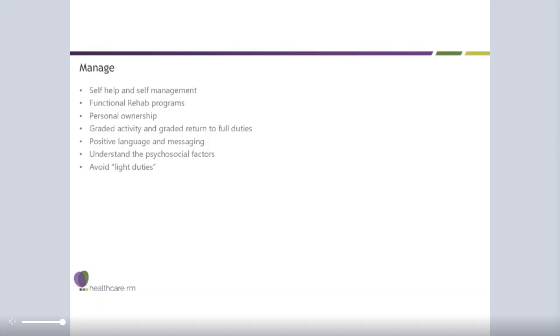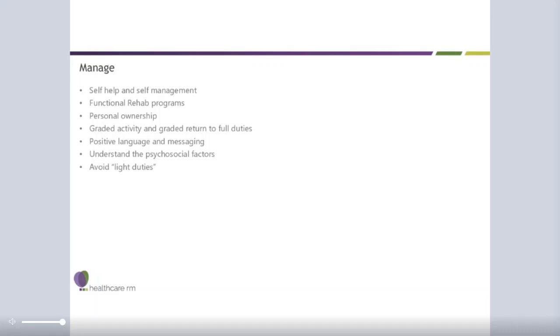So this is very important, which is why the next point on here is functional rehab programs. They're very important because they address everything again with the individual. They address the psychosocial factors, the attitudes, the beliefs. They look at activity levels, graded return to exercise and activity, functional restrictions, and functional capacity, rehabilitating someone completely based around their goals and where they want to get to.